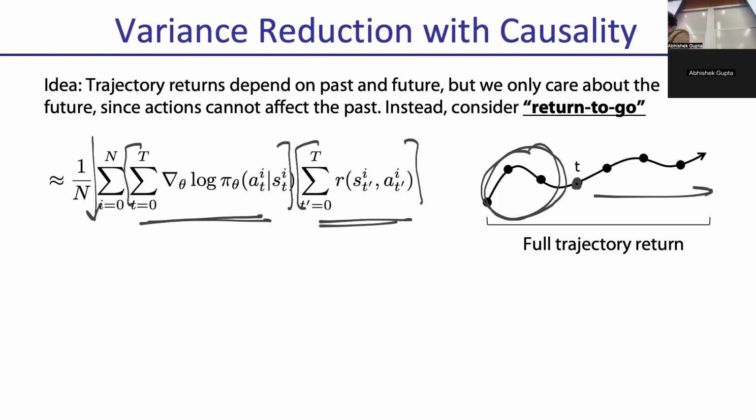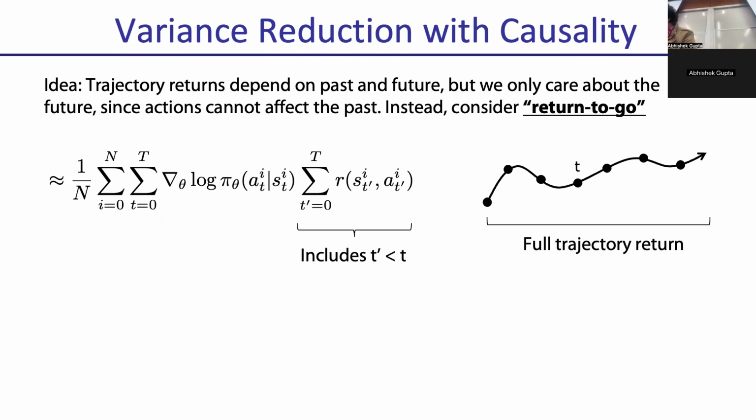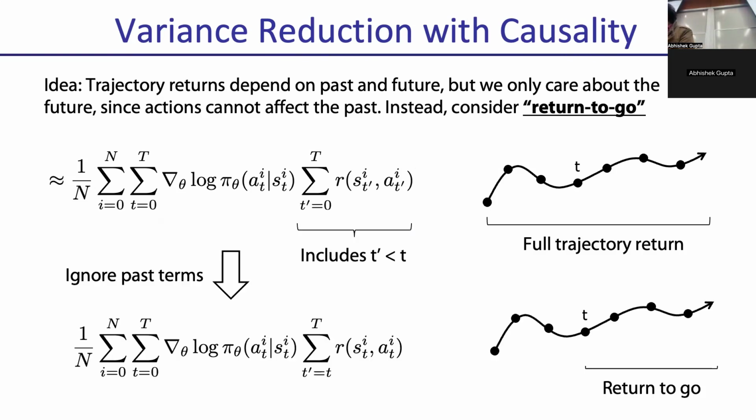But because we're in a Markovian world, the future is independent of the past conditioned on the present, right? One thing you can do to reduce variance is just ignore the past. The past is the past. I can't control it. I can only control what happens in the future.